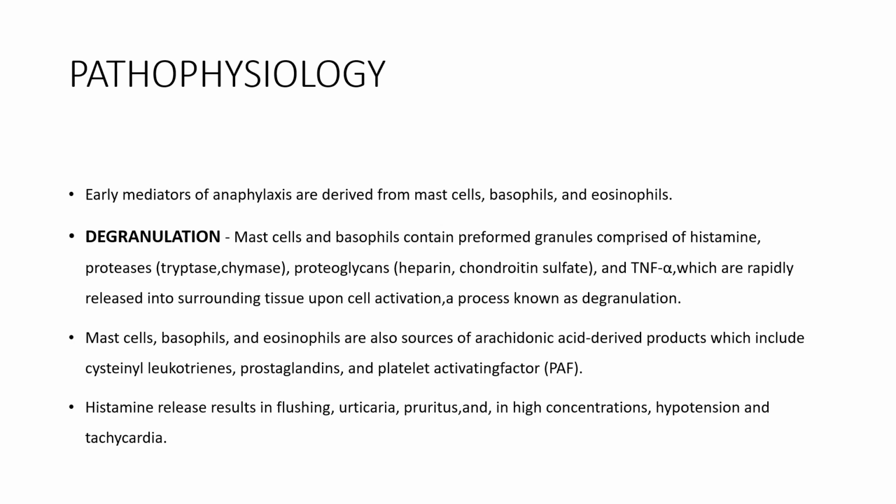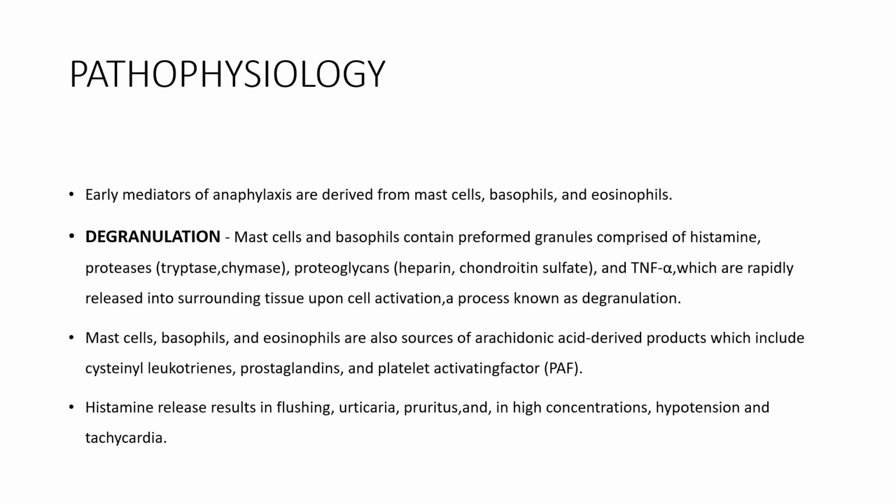Coming to the pathophysiology, in anaphylaxis, when a person is exposed to an allergen, it stimulates B cells. B cells in turn stimulate plasma cells. Plasma cells produce IgE. During sensitization, IgE settles on the mast cells.